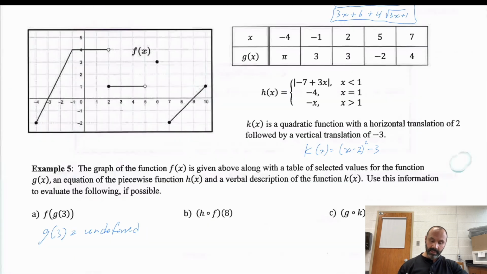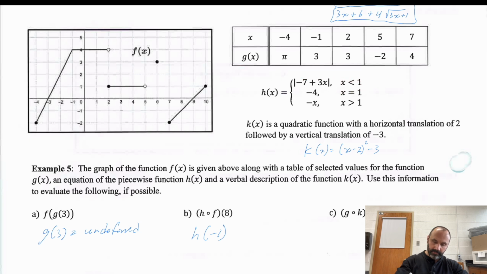All right, so now this is H of F of 8. So my first input is 8, right? I'm putting it into F. So I go over here to 8, and I get negative 1. Okay, so now I'm finding H of negative 1. And going over to H, if the input is negative 1, that means I'm going to be using this expression and plugging it in here.